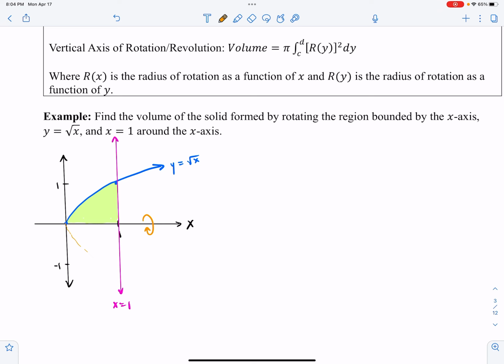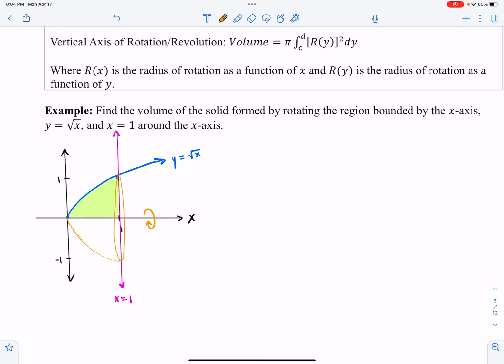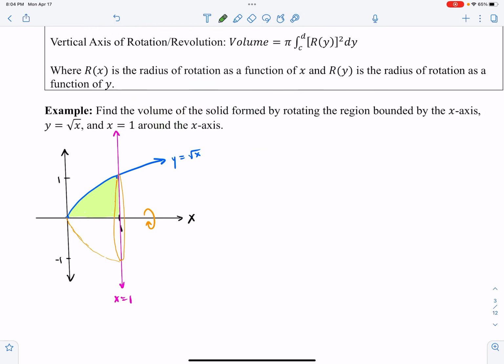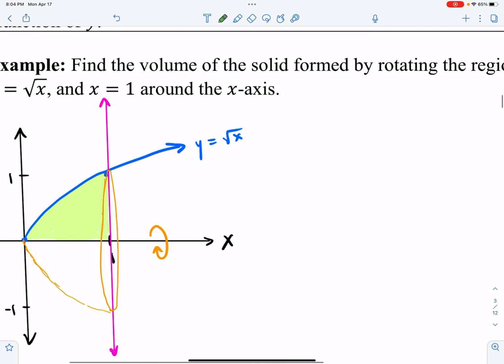So if I thought about rotating this, this would make like a solid dome. Where you could see, if you were to take a cross section, it would be, well, hopefully you can kind of see it. The cross section would be a disc.